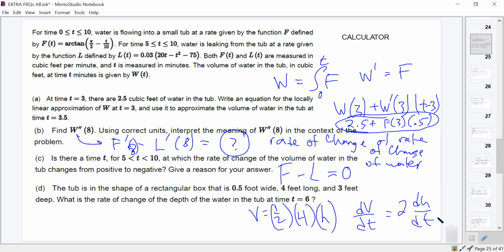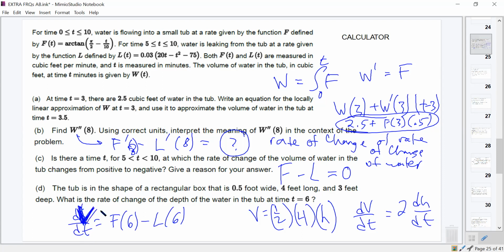Everybody good with that? And then, let's see, what does it say at time t equals 6? So the change in the height of the water at t equals 6 ought to be f of 6 minus L of 6. Sorry, not the height of, sorry, that's not dH dt, that's dV dt.